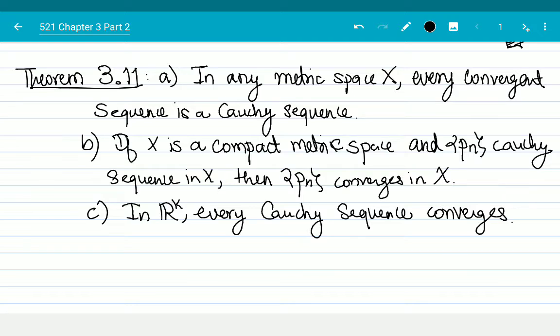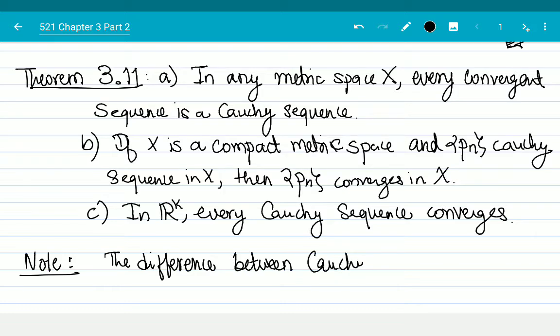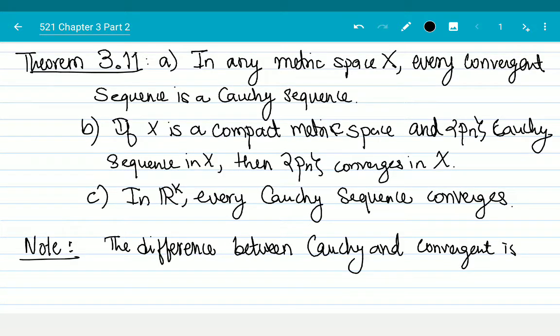And the small problem is, not necessarily, because the limit point might not be in X. Okay, so the difference between Cauchy and convergent is the limit point explicitly being in X.